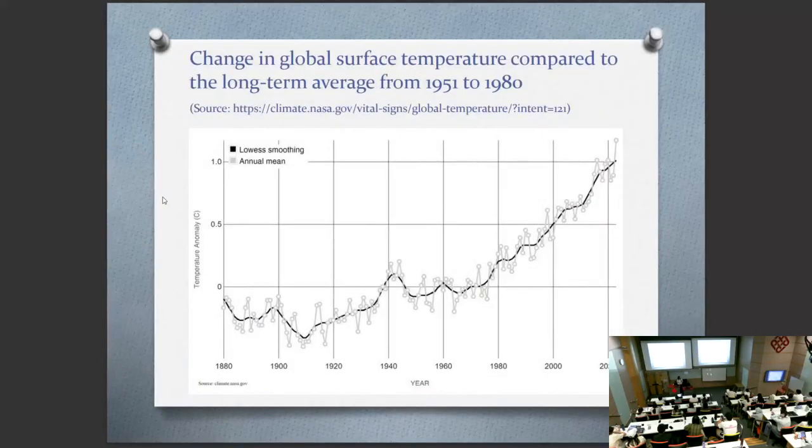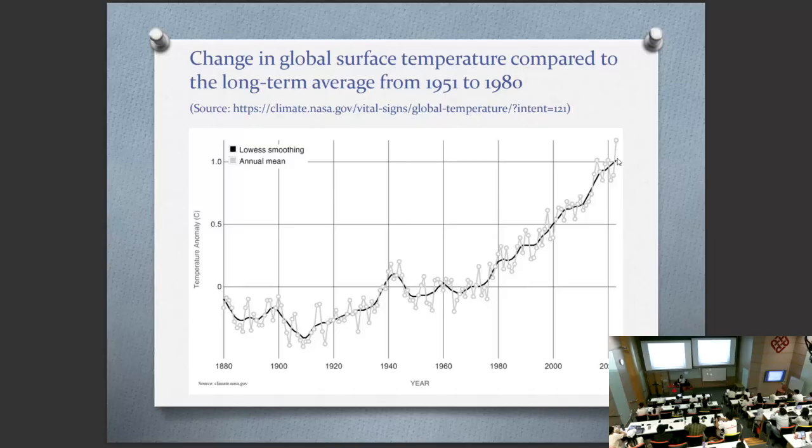I mentioned that we are experiencing global warming. This is the trend of the global surface temperature. You can see the temperature is rising and rising. Comparing to the pre-industrial value, the current temperature is already around 1.4.